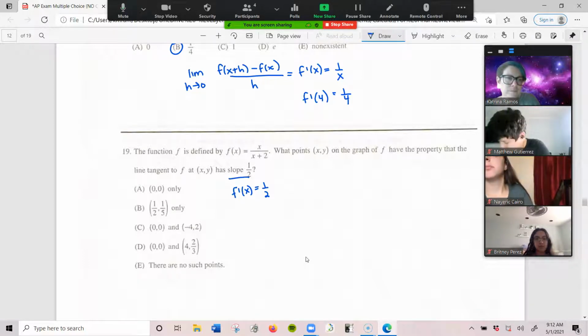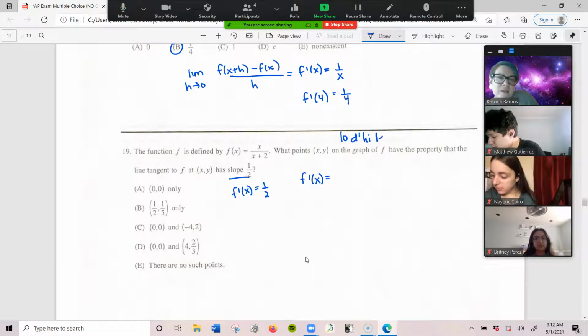Cool? Okay, so you have to use the quotient rule because we have x divided by x plus 2. So f prime of x is going to equal, remember that quotient rule? This is how I remember it: low d high less high d low, all over low squared.